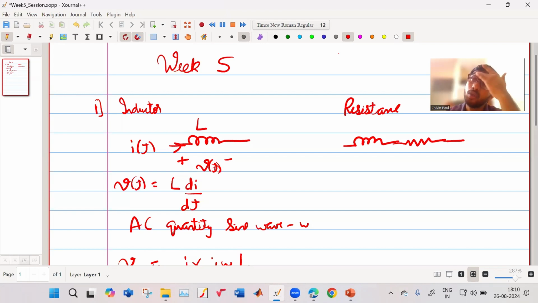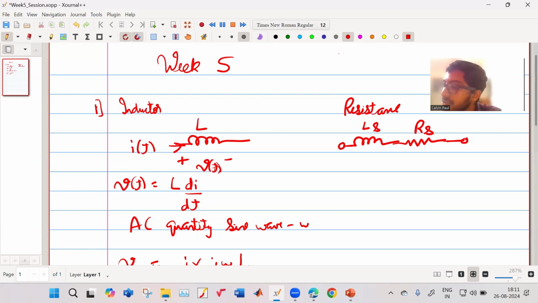You cannot have any ideal resistance, you cannot have any ideal inductor. When the inductor is made, it is wound, turns are there, etc. There is a certain wire, and in that wire there will be some resistance. So that resistance comes in part. So an inductor has certain resistance in series.